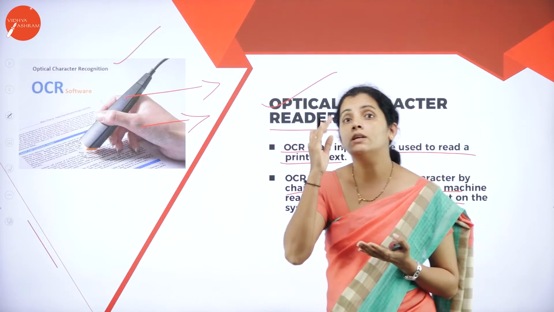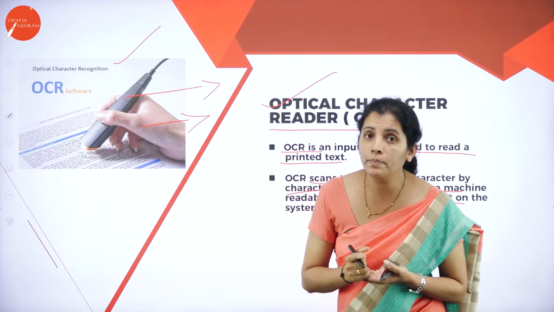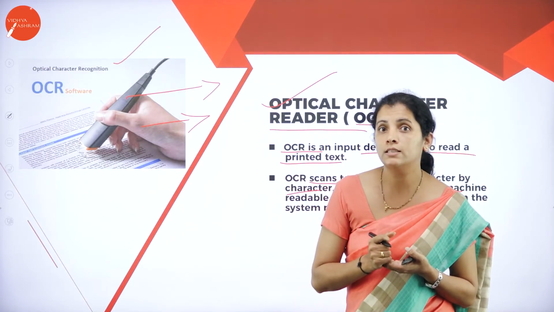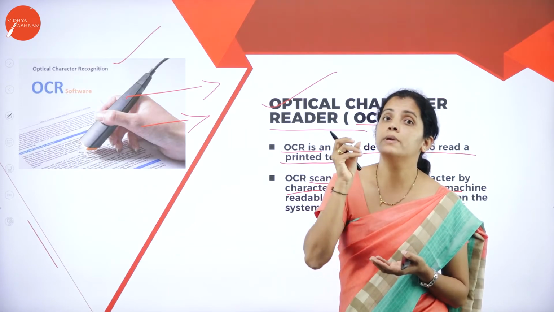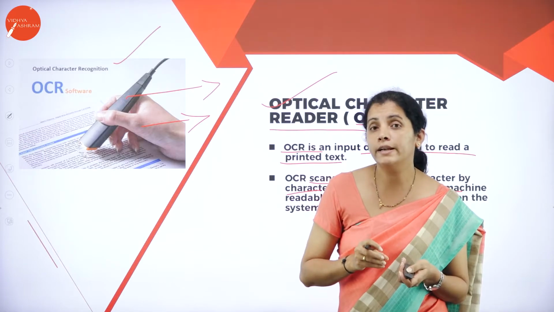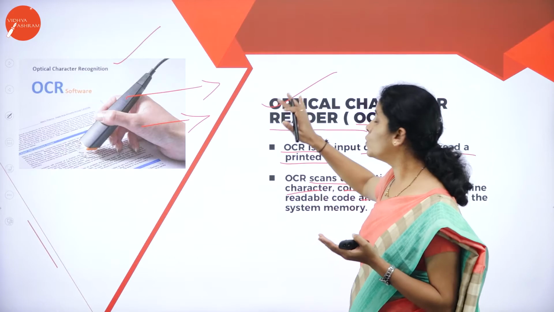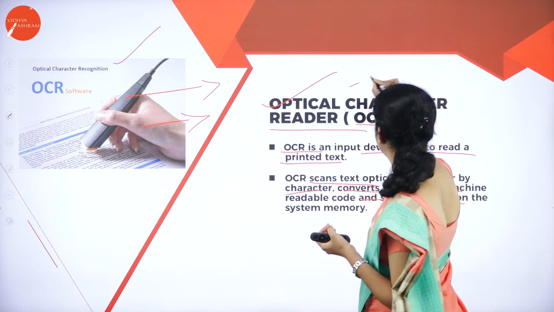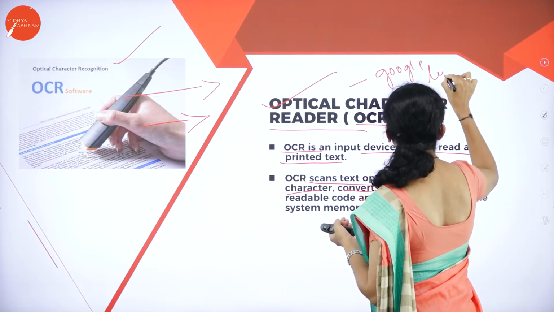Now tell me what is the use of Google Lens. Google Lens is mainly used to read the characters which are printed on paper. The best example for OCR you can consider is Google Lens.